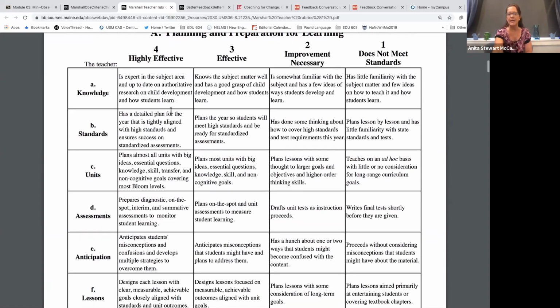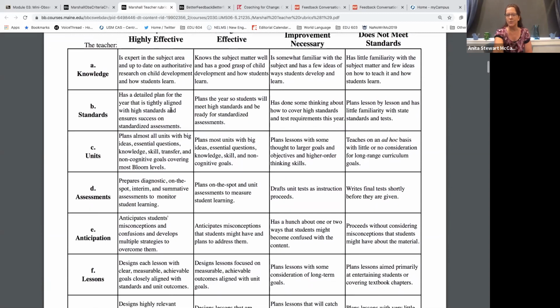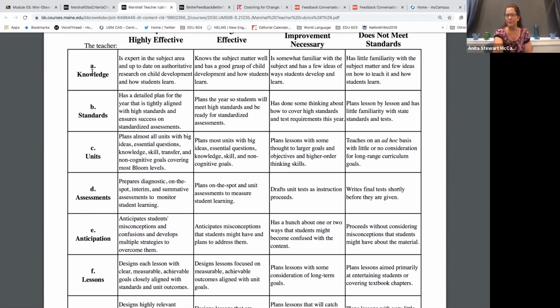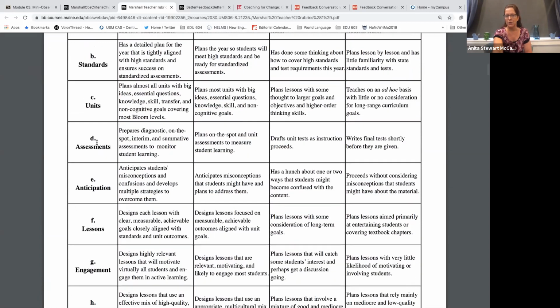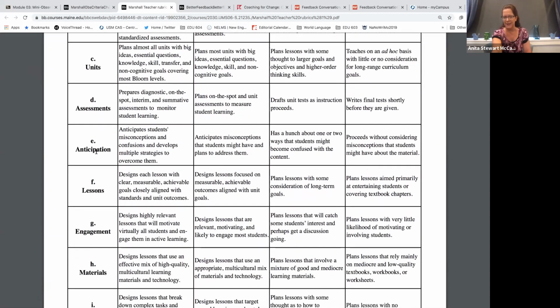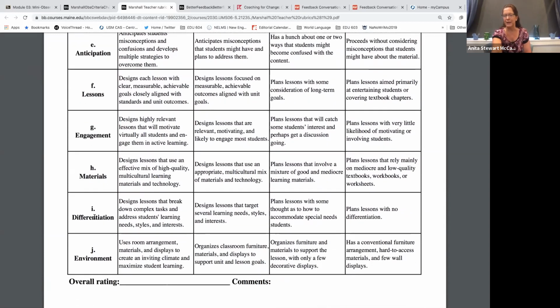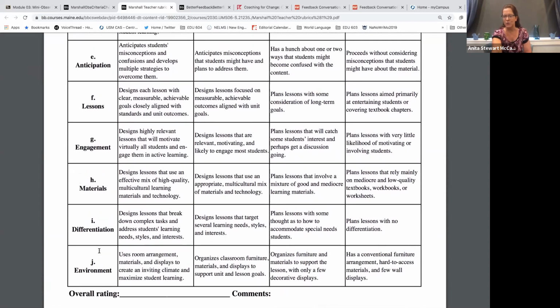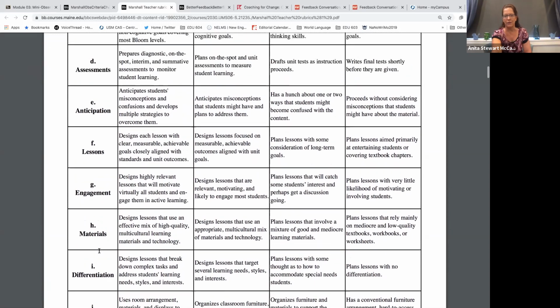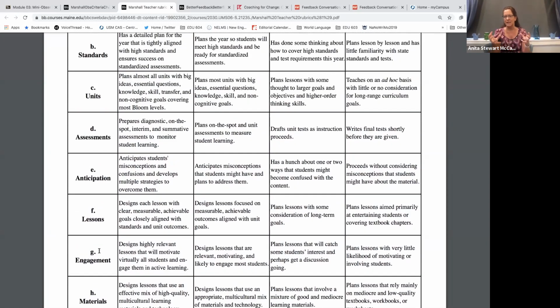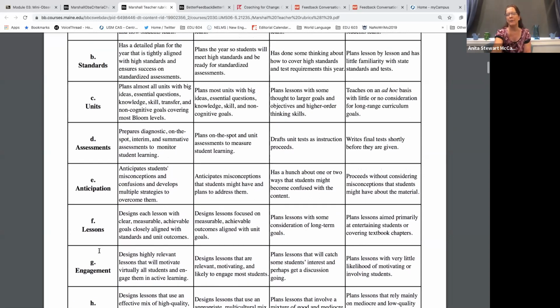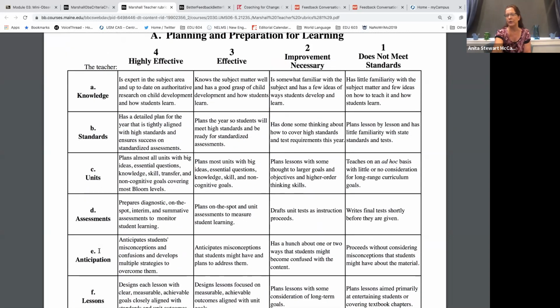And then you'll notice that he has, with his rubrics, he has them broken down into knowledge, standards, units, assessments, anticipation, lessons, engagement, materials, differentiation, and environment. So those are the elements, or if we kind of think about the indicators that make up this larger category around planning and preparation for learning.